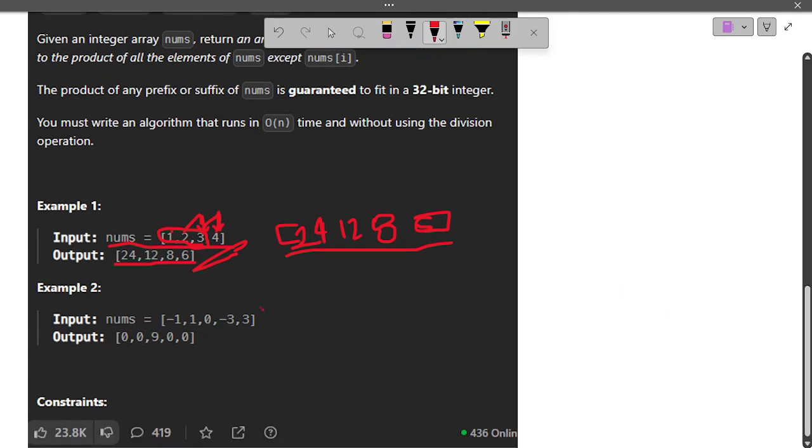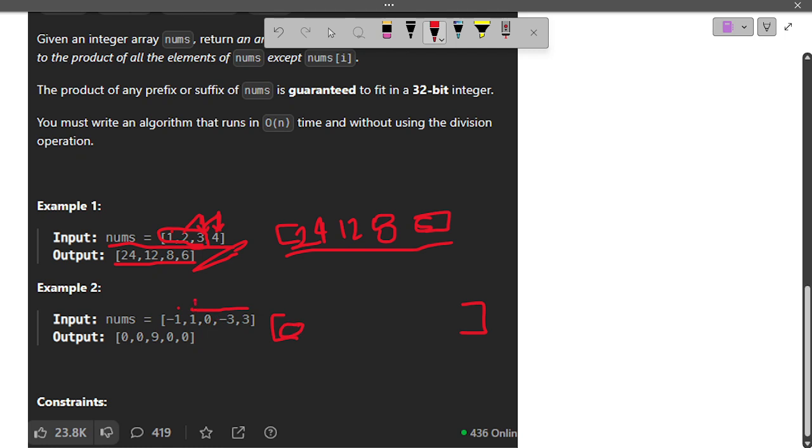Here in this example, you are given nums with values -1, 1, 0, -3. If we multiply all the elements except -1, 1 multiplied by 0 multiplied by -3 becomes 0.